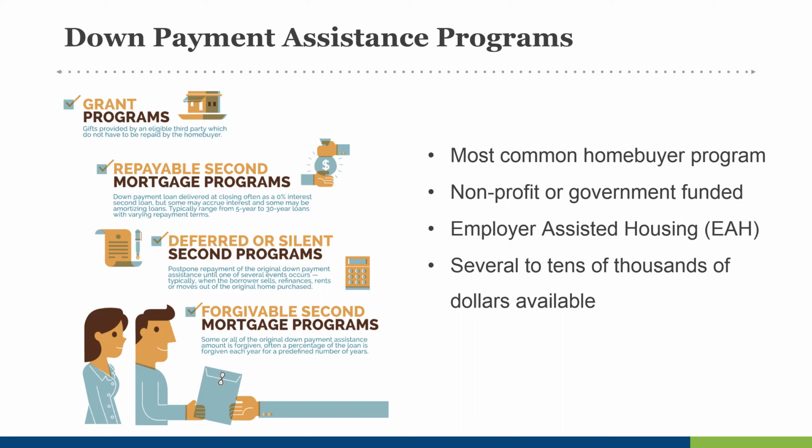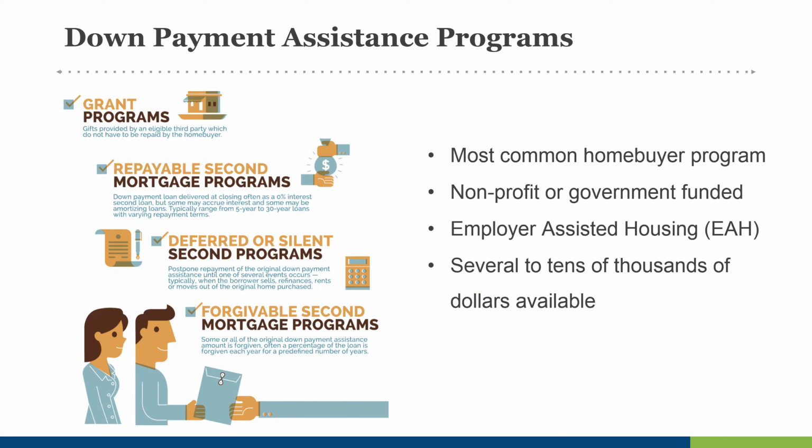And then there are repayable seconds. That is a down payment assistance loan. So it's a second mortgage, right? You get your primary mortgage and the down payment assistance comes as a second mortgage that may have a 0% or a low interest rate and has a monthly repayment term. Could be a 5-year loan, it could be a 30-year loan. That's going to vary.